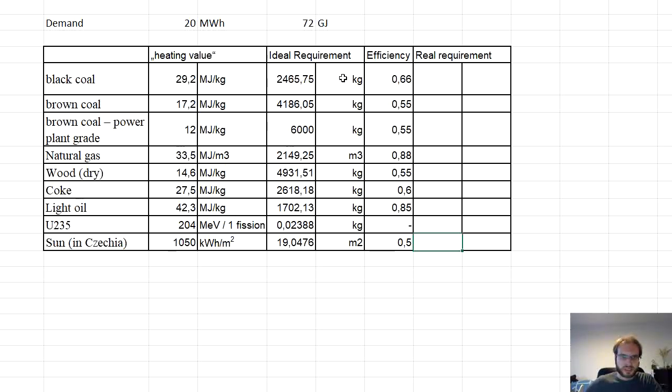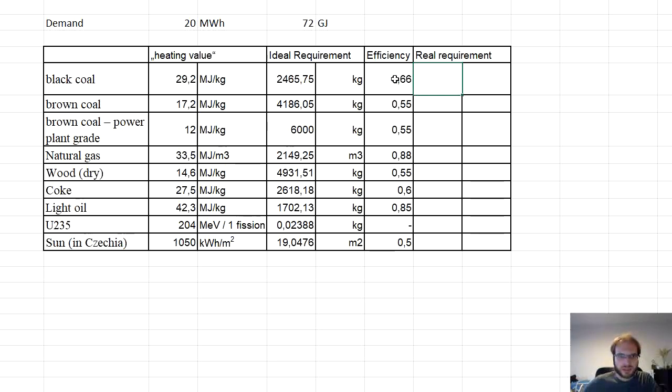But this is in case of ideal conversion, but as we know, in thermodynamics and in nature nothing is perfect. Just your girlfriends or boyfriends would probably be unhappy to hear that. And the real requirement of the fuel or of some resource needs to be corrected by the efficiency.